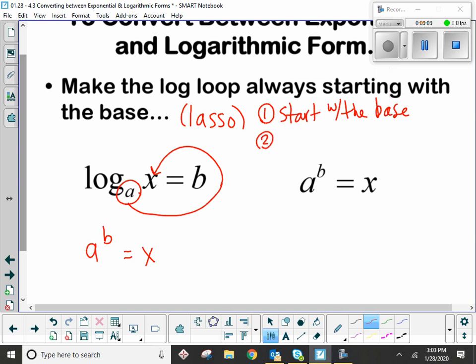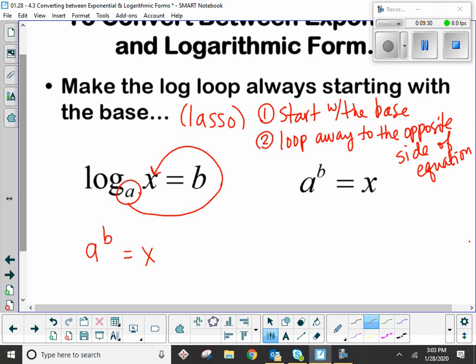The second step is to loop away to the opposite side of the equation. And then the last step is you end where you began on that same side.